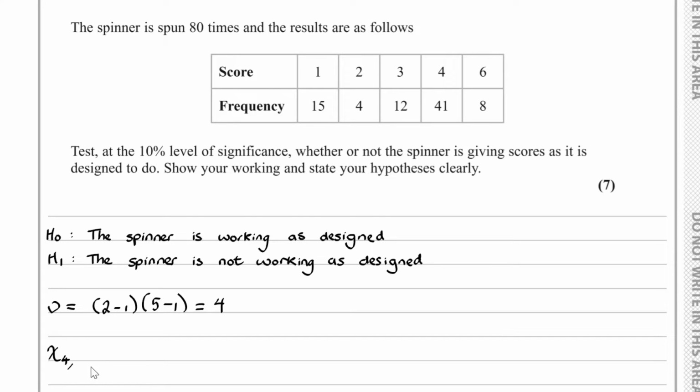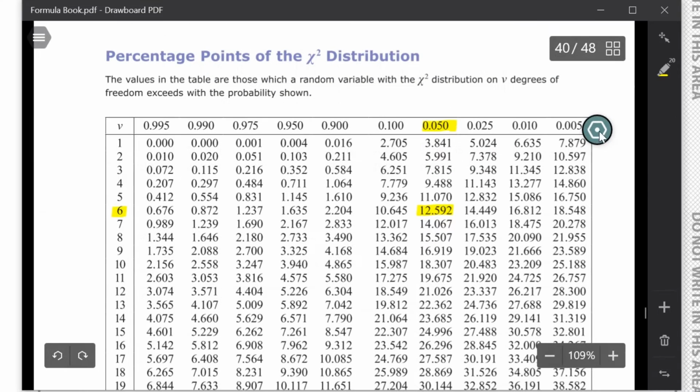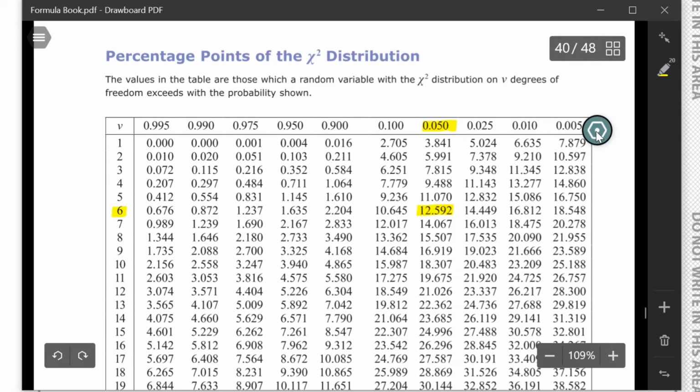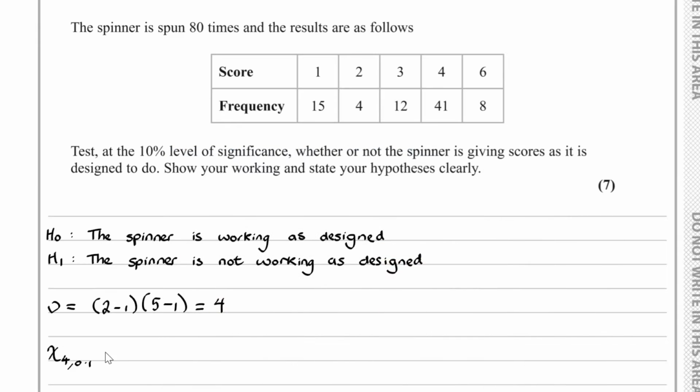So we've got 4 degrees of freedom. We're testing at the 10% level of significance. So if we grab a different color, we have 4 degrees of freedom. The 10% level of significance, that would be 7.779. Okay, so we have 7.779 as our critical value.